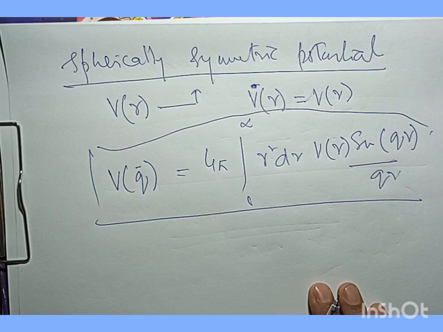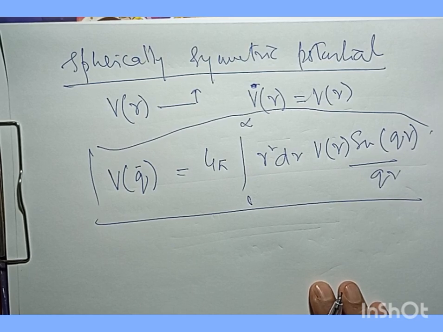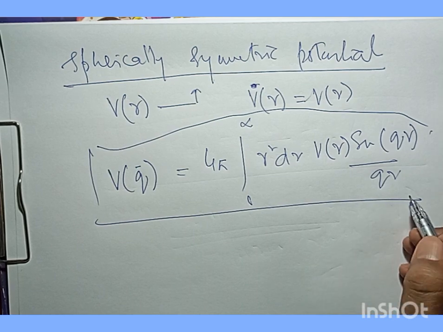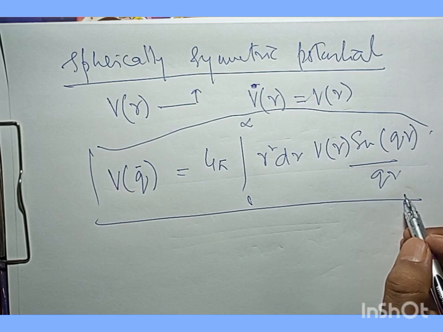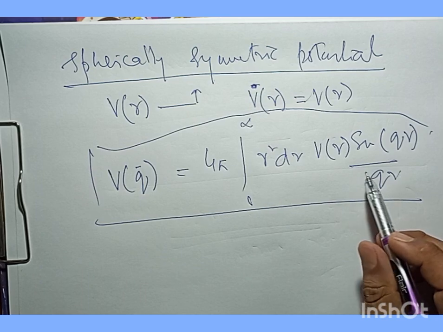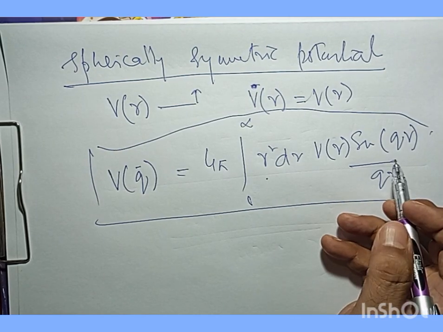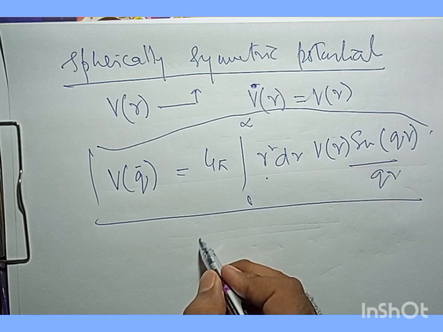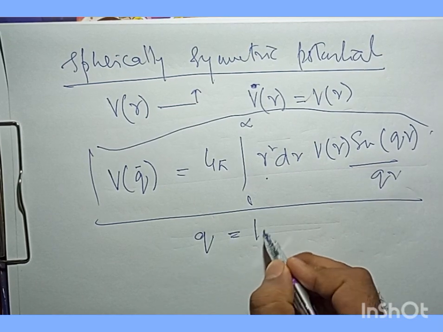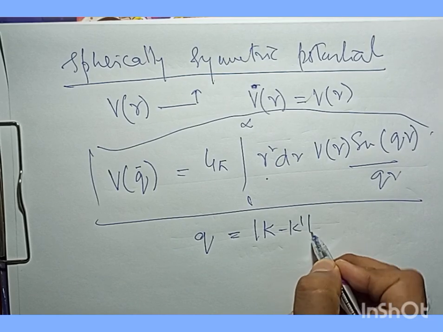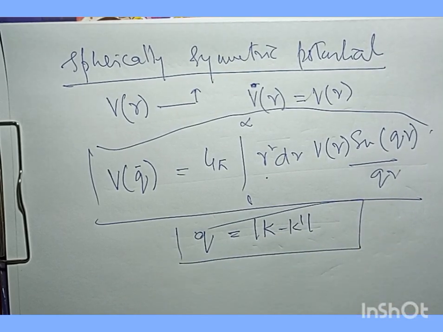And see the beauty of the situation here: when we have a spherically symmetric potential, we can simplify the Fourier transform using spherical polar coordinates, and you can express things in terms of r and qr, where this q is nothing but the magnitude of k minus k dash that I have already defined.